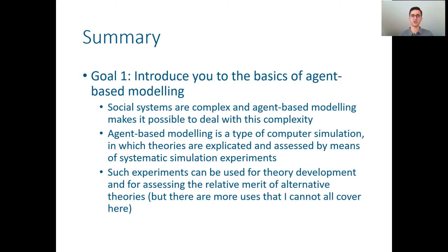Second, agent-based modeling is a type of computer simulation in which theories are explicated and assessed by means of systematic simulation experiments. Third, such experiments can be used for theory development and for assessing the relative merit of alternative theories, but there are many more potential purposes and uses that I cannot all cover here.